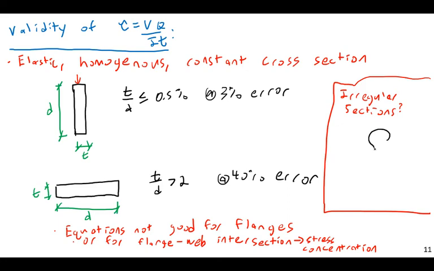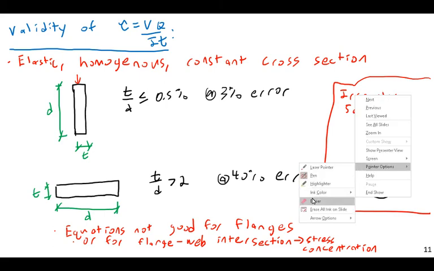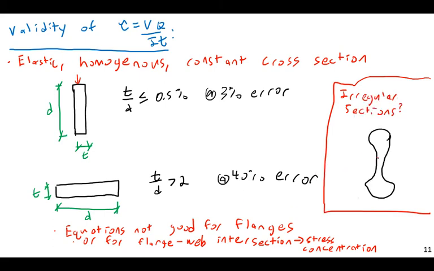So you had something like this, a curvilinear, maybe kind of ovate shape. It looks like there's a flangish thing and a webbish thing. Well, here it would be okay, but it wouldn't be okay up here. Not okay. So just keep this in mind as you're going through these equations.